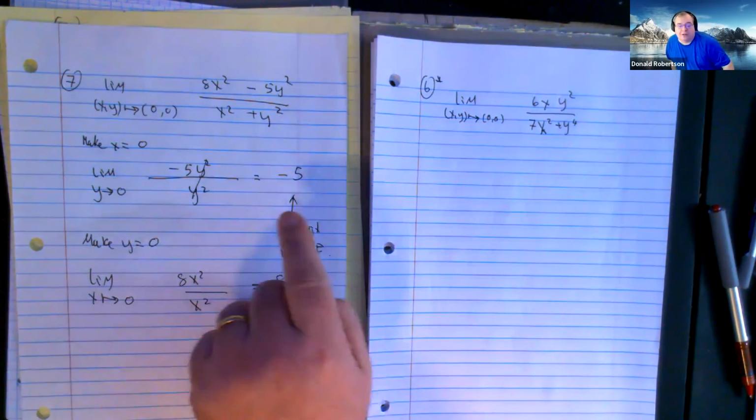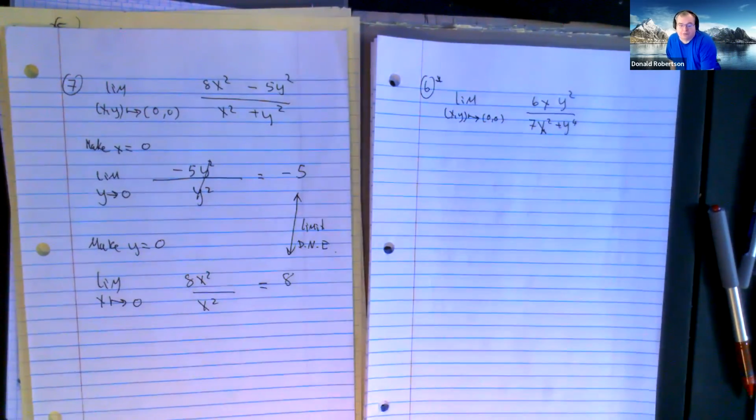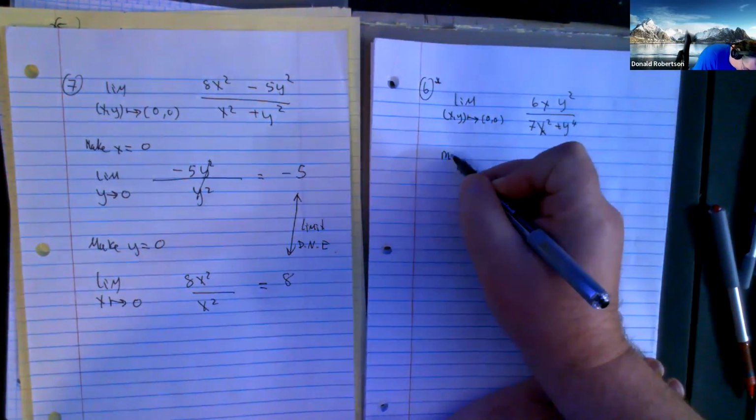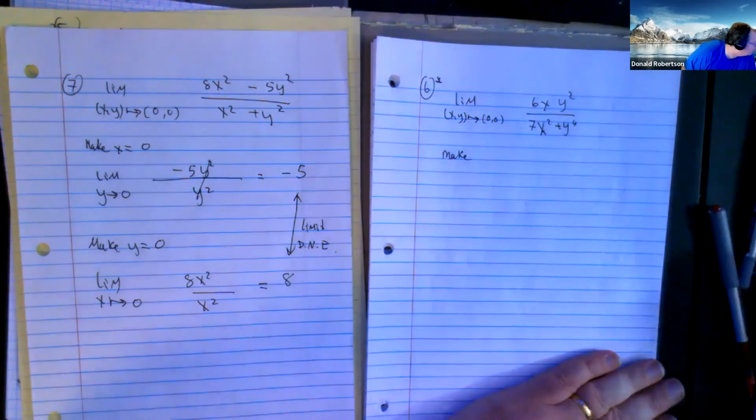I am not going to make x equals 0 and then make y equals 0. If I did that, I would just get an awful lot of 0 over zeros everywhere, and I wouldn't really be any better off. So I'm going to do this. Which way did they go? They go the x's.